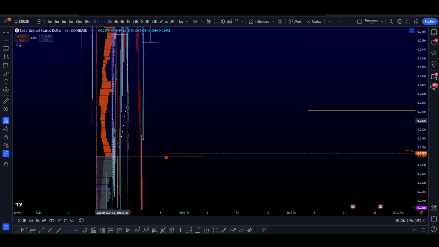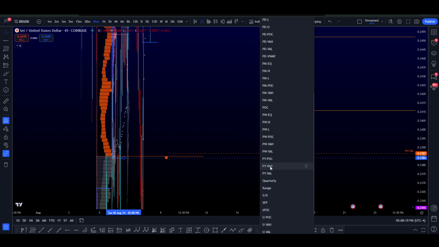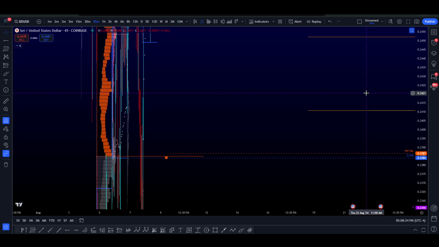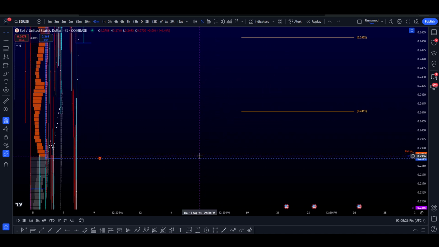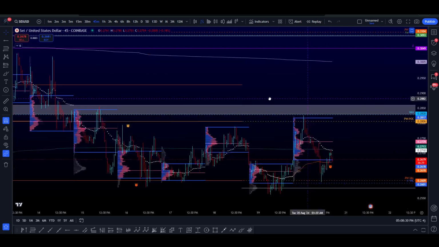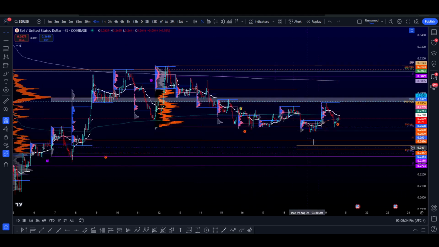Yeah, and I can even go ahead and see here. Untested value area low. Could go ahead and put that there as well. Yeah. So this would be the next area of interest for me to long, to be honest.